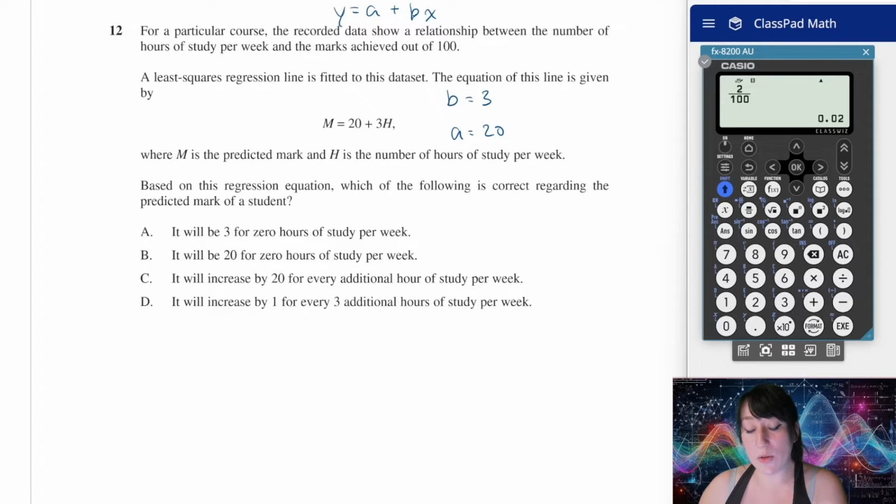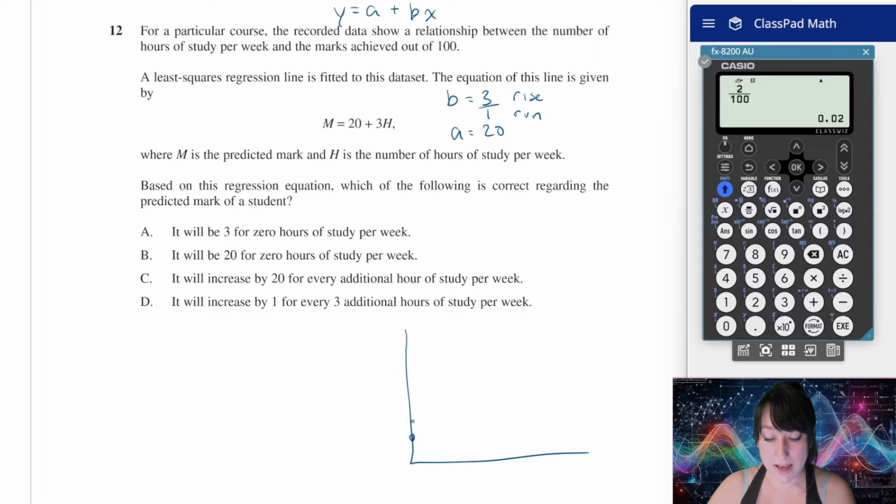Since we're adding 3 times h, each time h increases by 1, we can look at that gradient as well, being 3 as a whole number is 3 over 1. 3 is the rise, 1 is the run. Since it's positive, it's going up 3 when I go across 1. If we were to do a quick sketch of this relationship, we'd have it starting at 20, and then it would go up 3 and across 1 for the gradient.